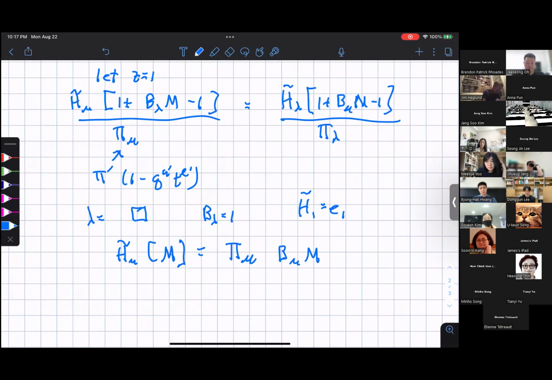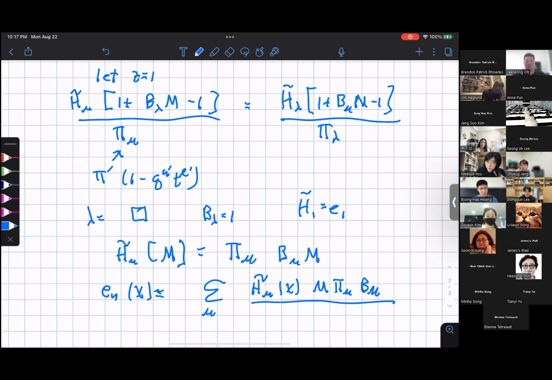So all that showed that E_n of x is a summation over mu of H mu twiddle of x times M pi mu B mu over w mu.